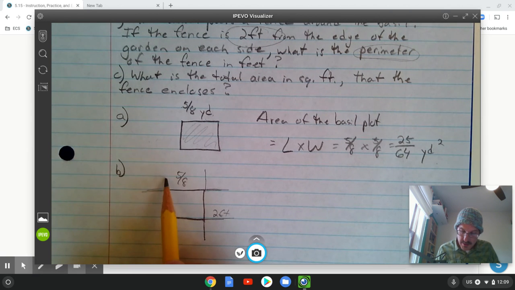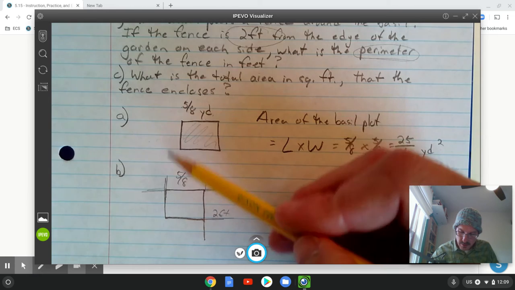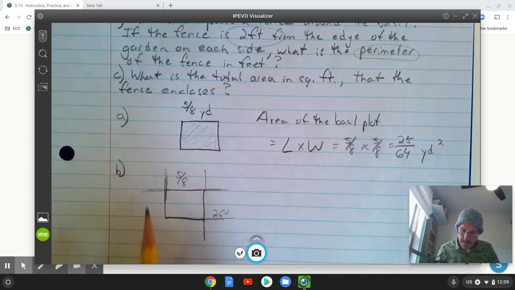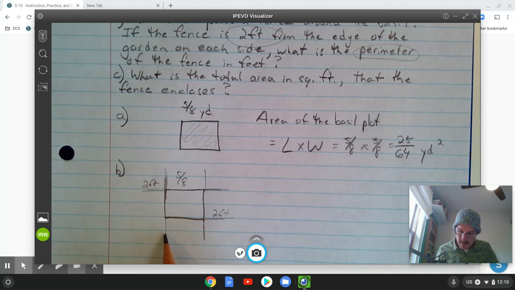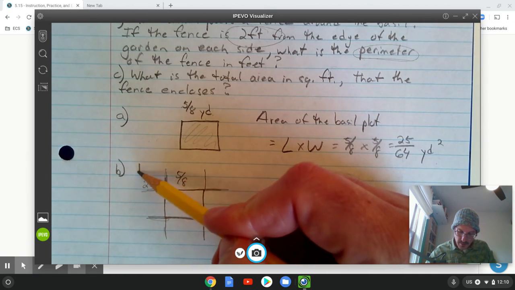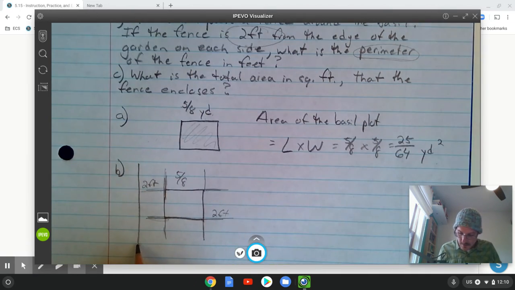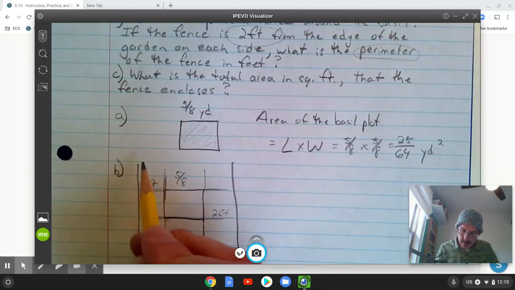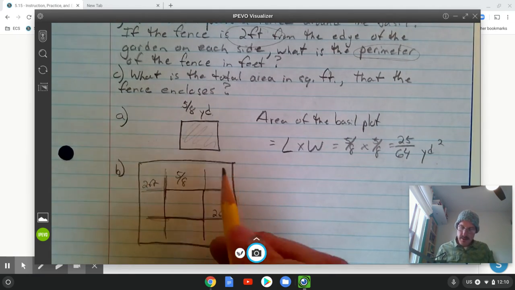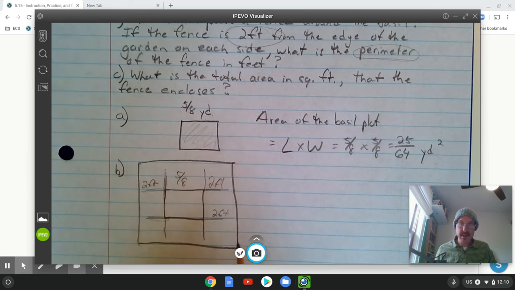And this is a hard problem for sure. 2 feet. Looks like I didn't draw a perfect square, but so this is now the fence. And how do you determine the side of one of the fence?